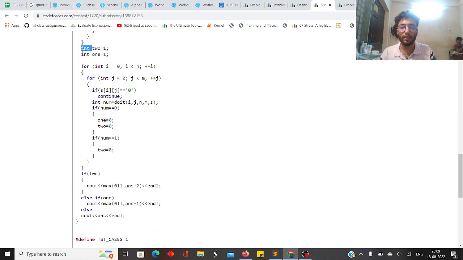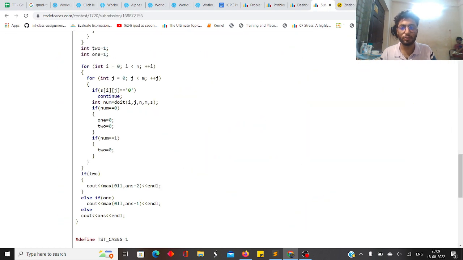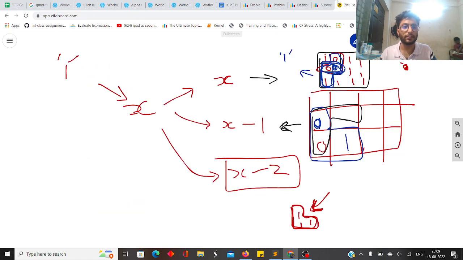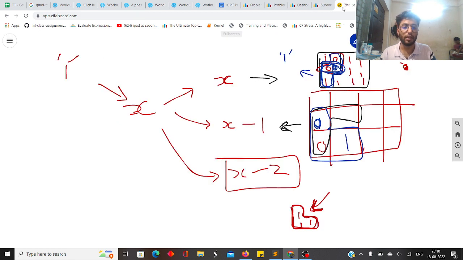I'm asking, is it possible to have an L-shaped element that contains at least two zeros? This 2 corresponds to a flag variable. If the flag variable is initialized to 1, it means that initially I'm saying there is no L-shaped element such that two of the elements are 1.